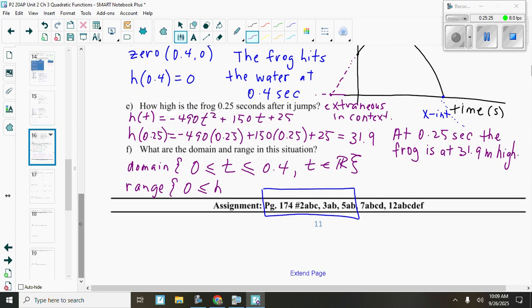So you grab it off of that. Again, not the maximum window setting that you have, but the maximum height of the actual parabola. There are no units when we do our signs. We don't put units in domain and range.